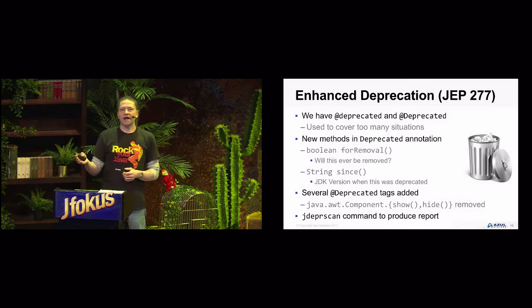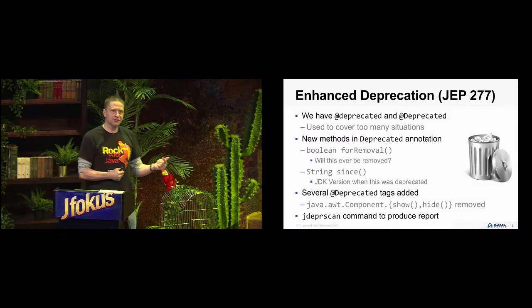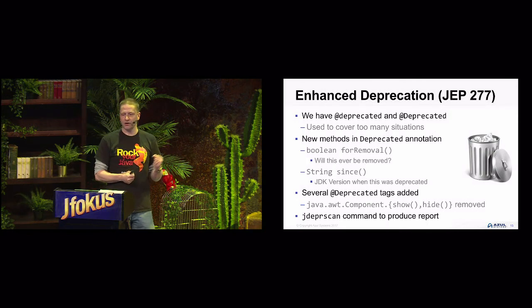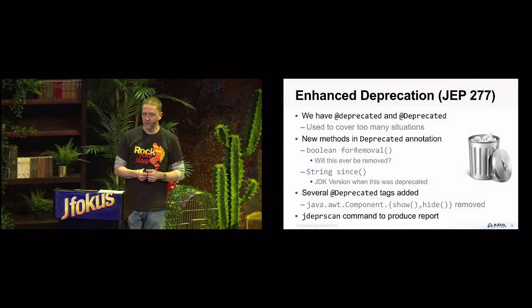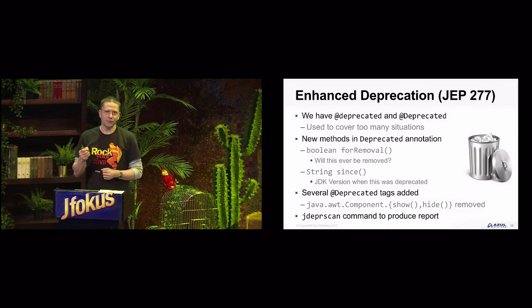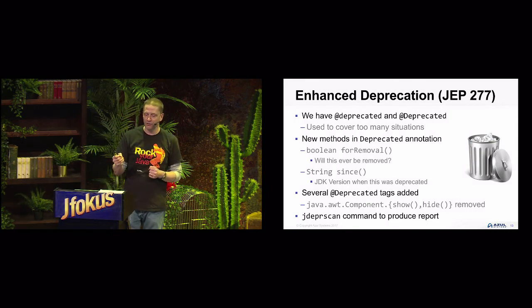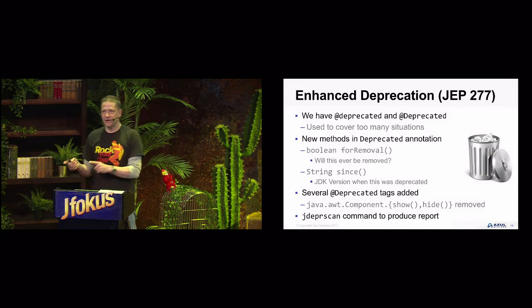A number of elements have had the deprecated tag added to them in JDK 9, so there's things like the applets API, other things like that. But there's also, interestingly, 2 elements which have had the deprecated tag removed. If you look at the java.awt Component show and hide methods, they used to be deprecated, now they're not.